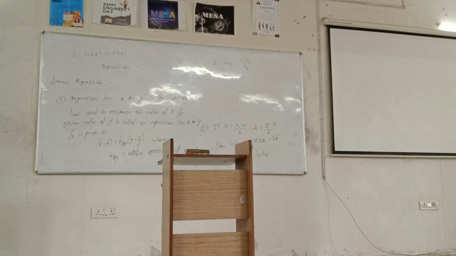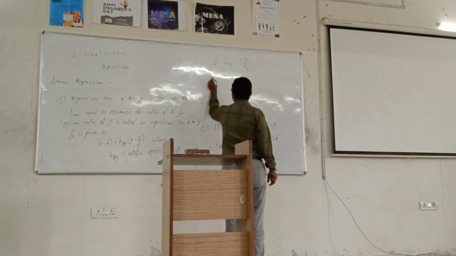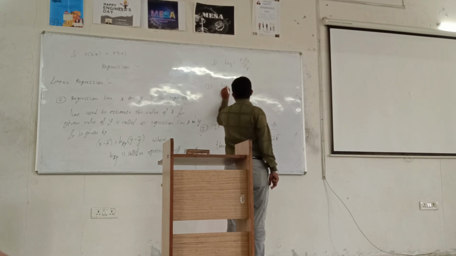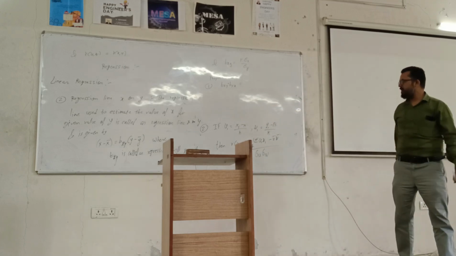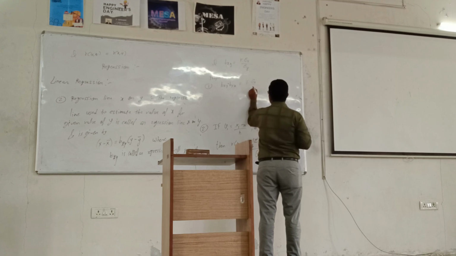Okay. Now what is the property of it? Let's multiply bxy and byx. What is bxy? r into sigma x upon sigma y.